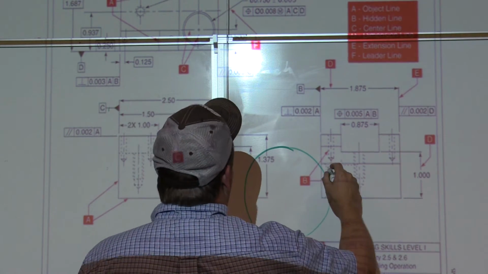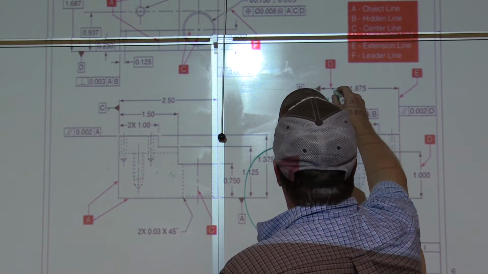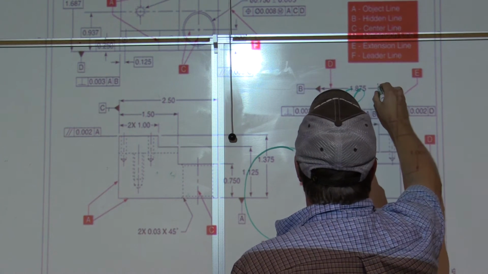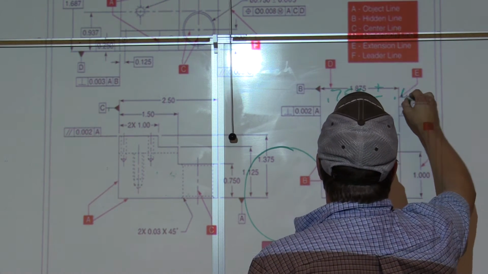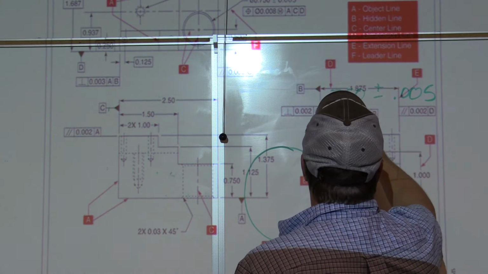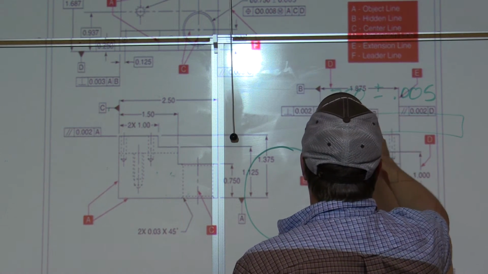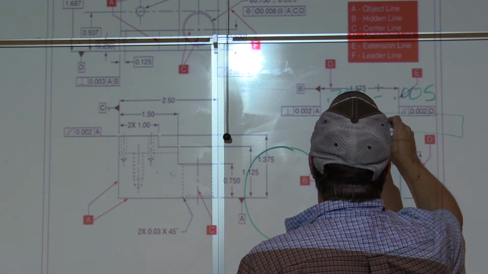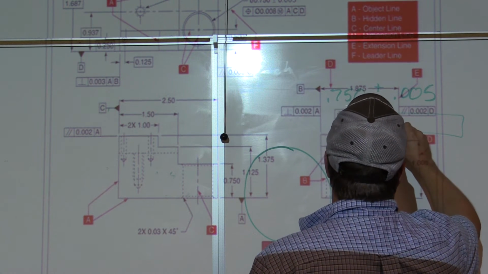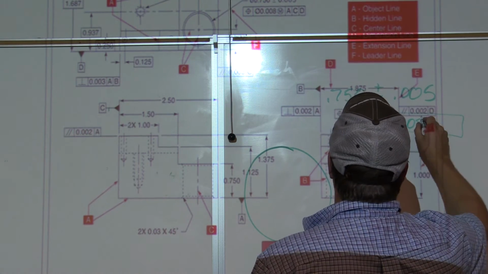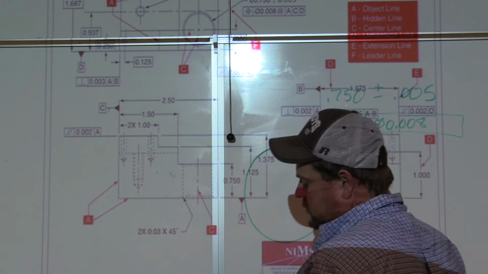So we have a diameter hole. It tells us it's 0.750 plus or minus 0.005. Feature frame tells us position, diameter-wise, 0.008. Okay?